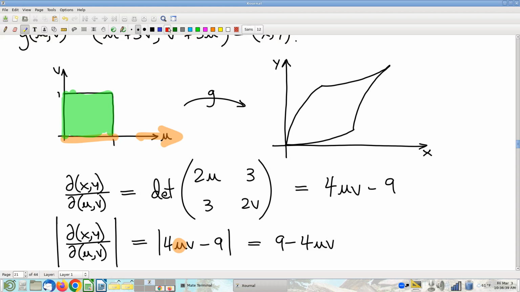Likewise, I can see right here in front of me what v is doing. v is, well, there's the v-axis. And so v apparently is also always between 0 and 1. So just looking at your pullback domain gives you a tremendous amount of information. And now I can kind of piece it together. That means u times v is always between 0 and 1. That means 4 times uv is always between 0 and 4.